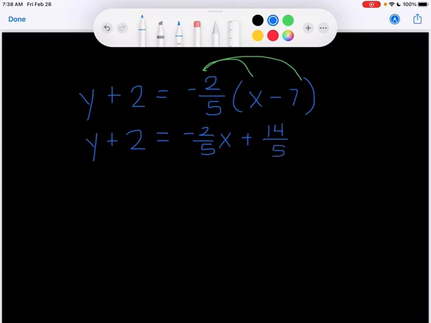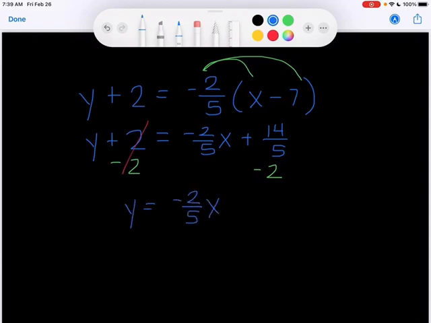Okay, and then we need to do one last step and get y by itself so that this is now in slope-intercept form. So we need to subtract the 2 from both sides, and I'm going to put it under the 14/5 because that's a like term. I can't subtract 2 from the negative 2/5 x. Those are not like terms. All right, these cancel out, and we're left with y equals negative 2/5 x.